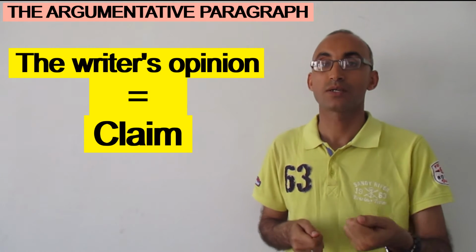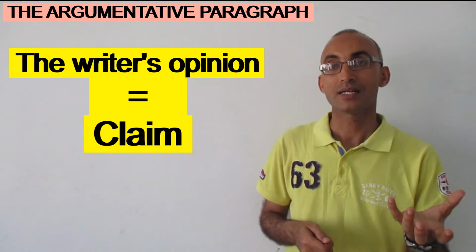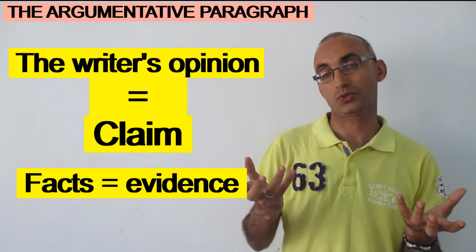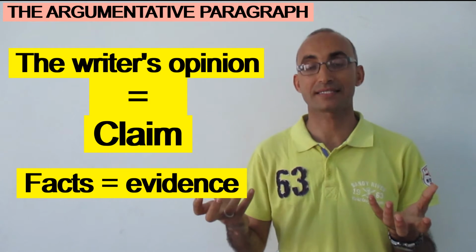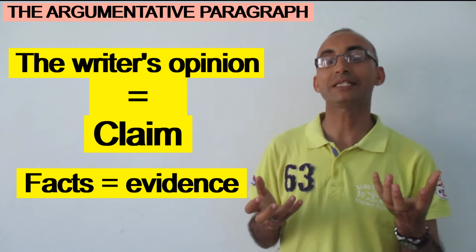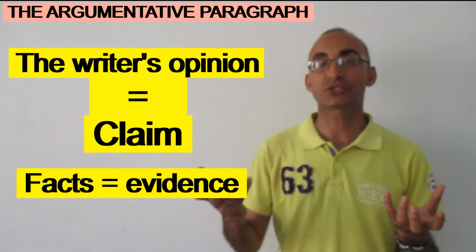So the writer's opinion represents his claim, and the facts he uses to support his claim represent evidence: claim and evidence. So the writer's claim is supported by the evidence he introduces.